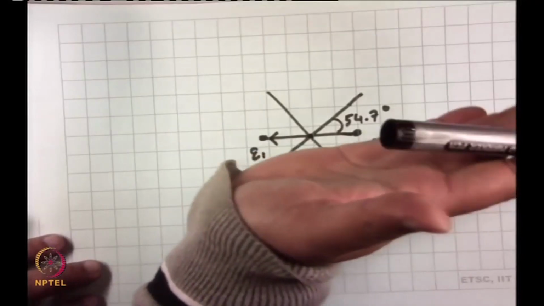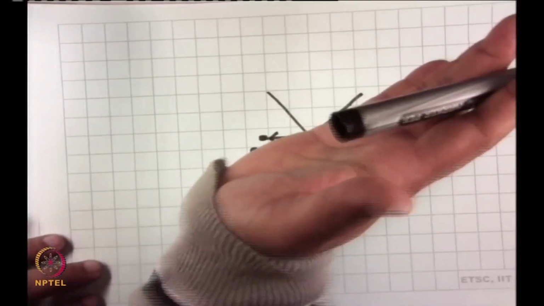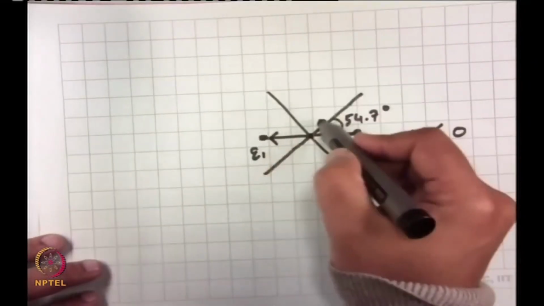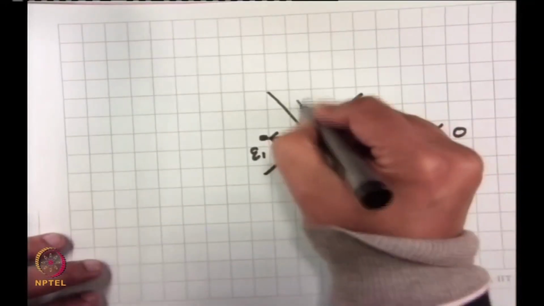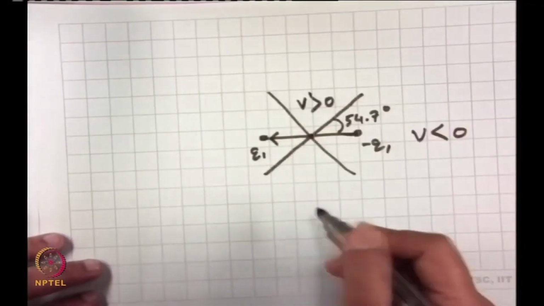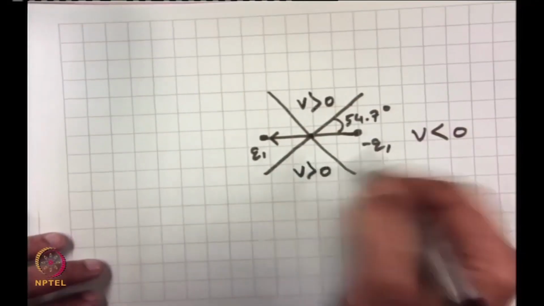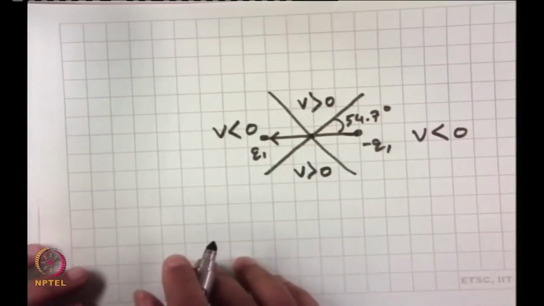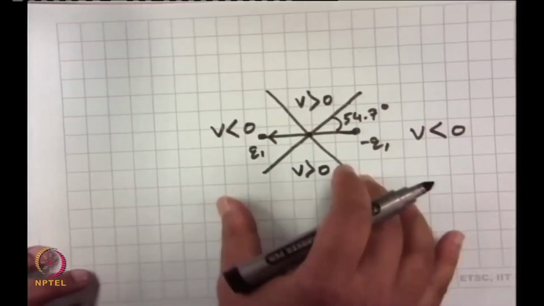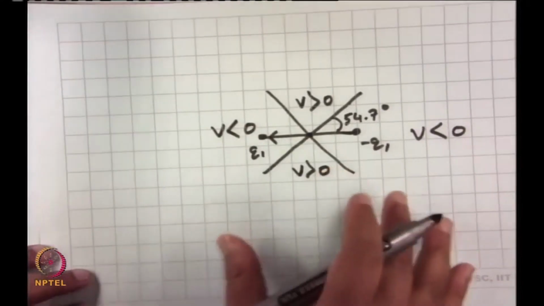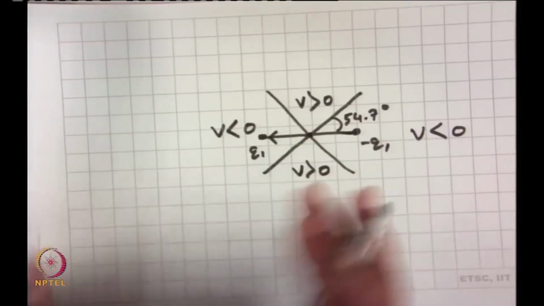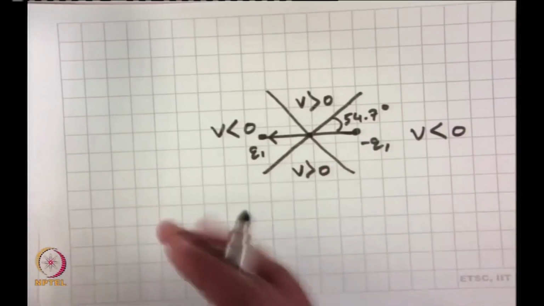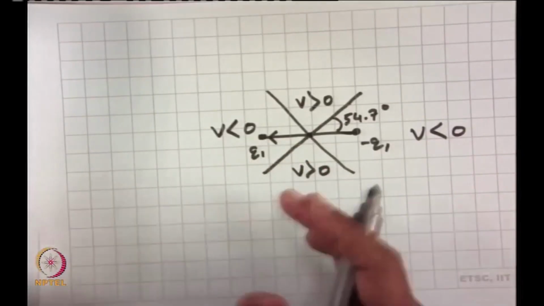You move like this, you go to 0, then beyond that you go into the repulsive regime. So between these two lines, V is greater than 0. Similarly here V is greater than 0, and then again on the other side V is less than 0. This is a very nice picture which tells you how the dipoles, if they are oriented, what their respective nature of attractions or repulsions would be, whether attractive or repulsive.